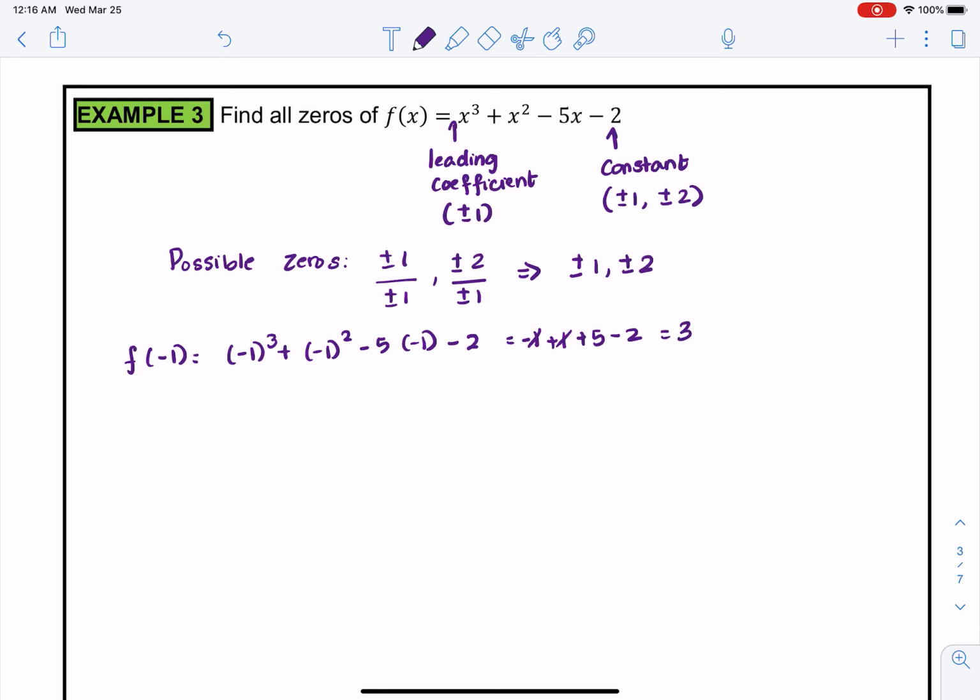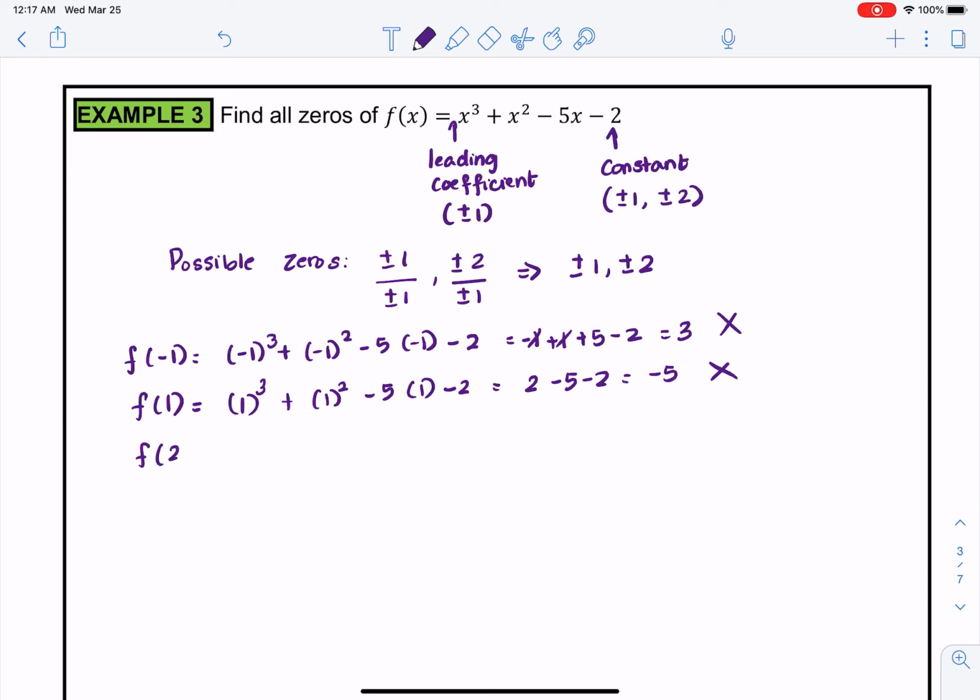So clearly that is not a zero. So now we plug in 1. That would give us 1 cubed plus 1 squared minus 5 times 1 minus 2, which is 2 minus 5 minus 2. We get negative 5. So that is not a zero.